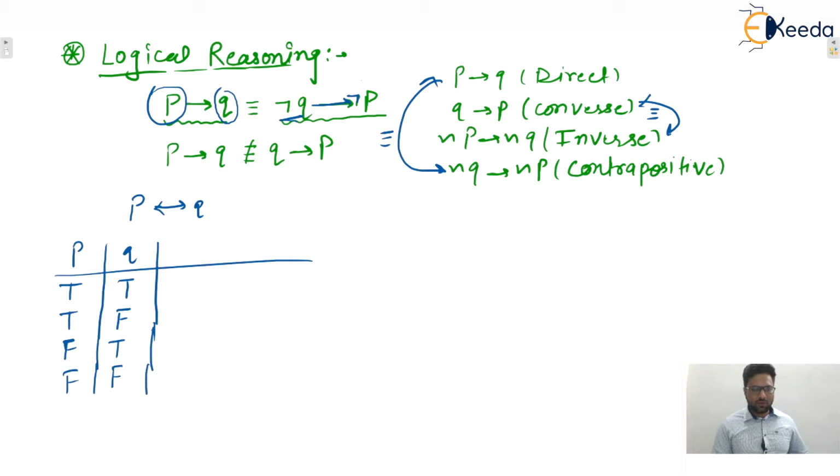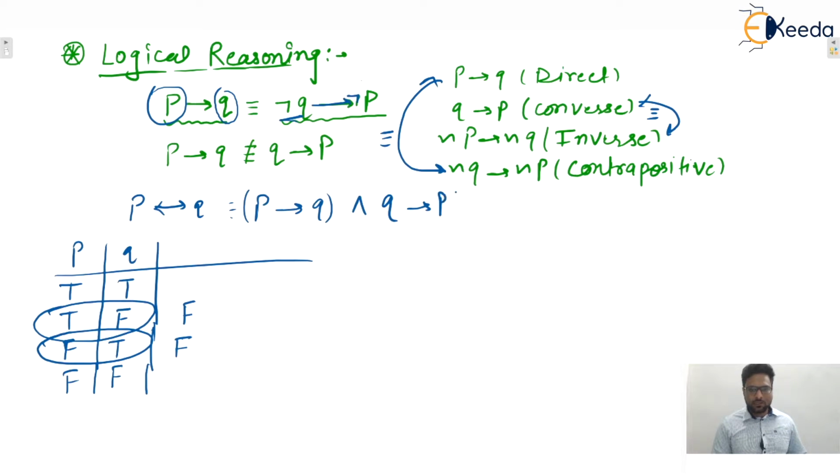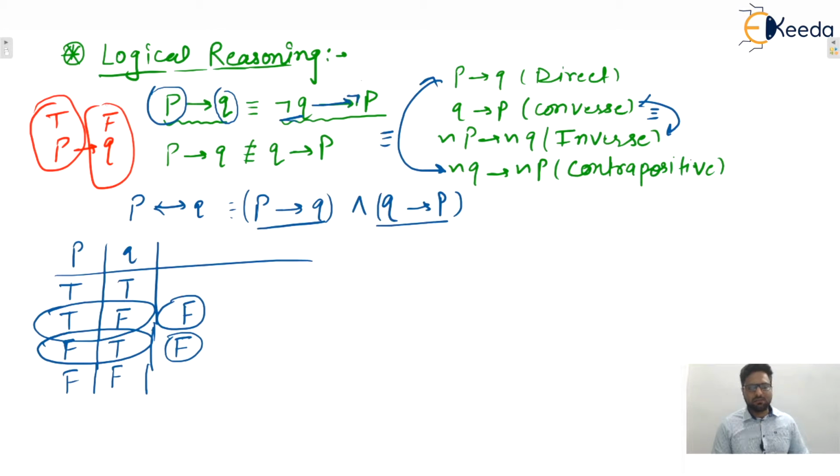Because of P implies Q, this becomes false, and because of Q implies P, this becomes false. P biconditional Q is P implies Q and, logical AND, Q implies P. You know very well P implies Q is false when P is true and Q is false, meaning the left hand side is true and the right hand side is false.